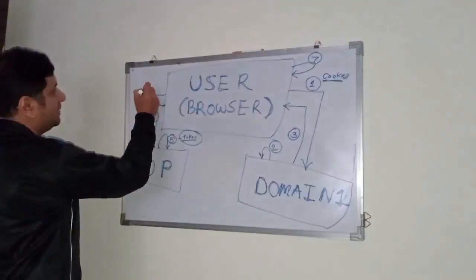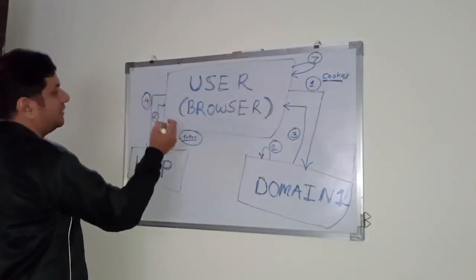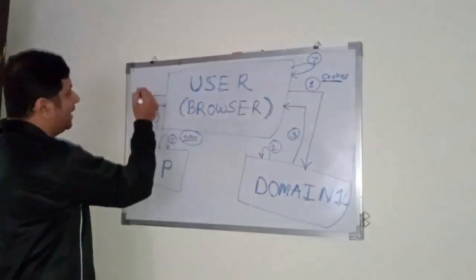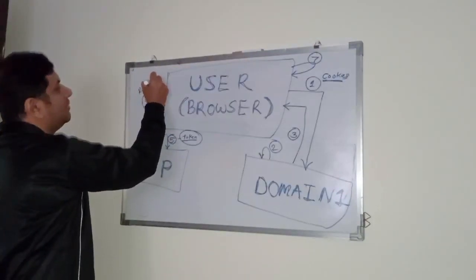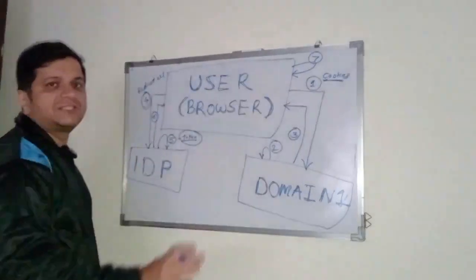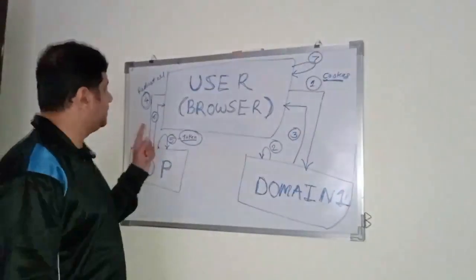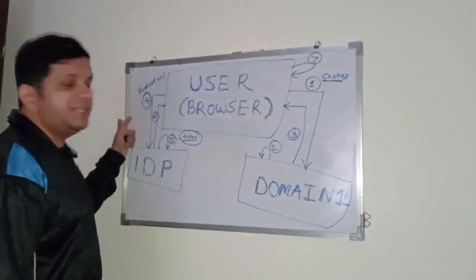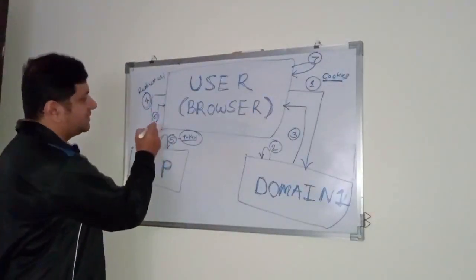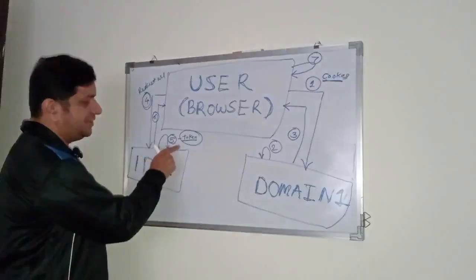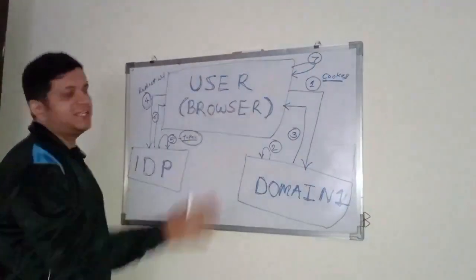In request number 4, the user had asked for redirection, and had also said this is my redirect URL when authentication is successful. So when the authentication happens, redirect me to this URL, domain 1. So step number 6 sends back the token that was generated in step number 5 as well as the redirect URL.